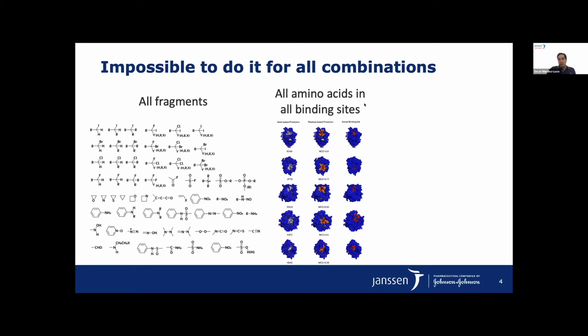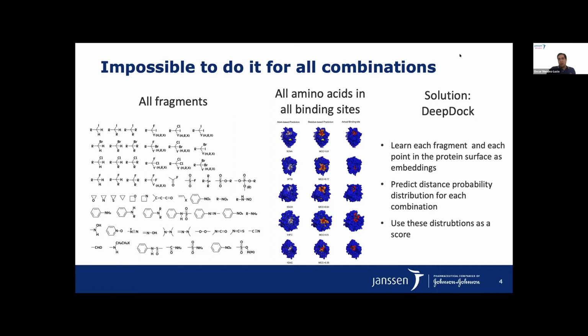But one way we can do it is using machine learning, deep learning, to really learn these patterns. So we can learn what each fragment looks like and what each part of the binding site looks like, and then predict the distance probability distribution for each pair. Using these distributions, we can then score and see if these interactions are possible or not, or if it's something we would expect or not.